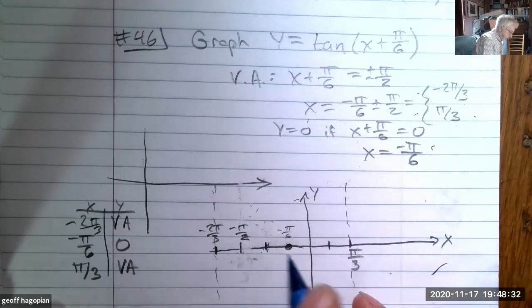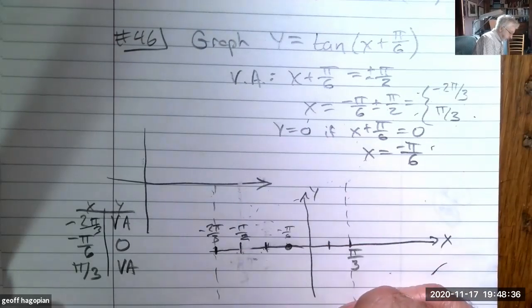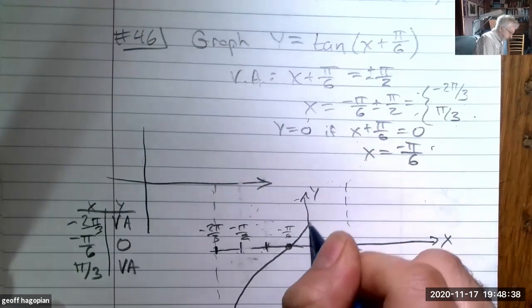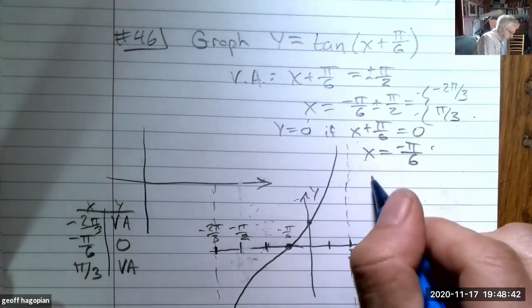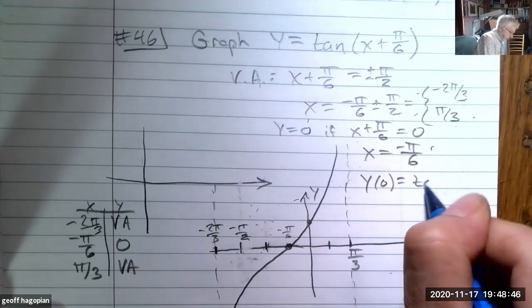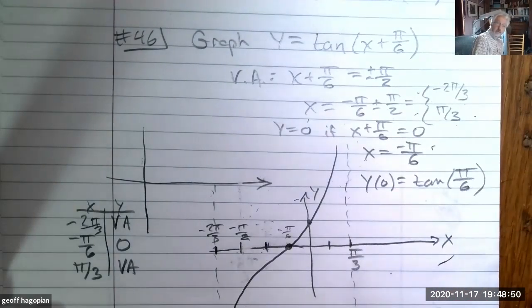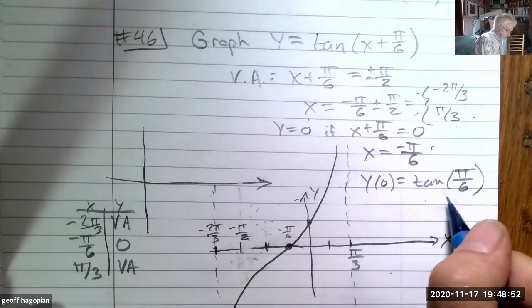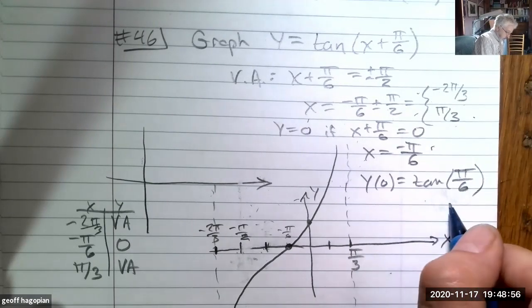Okay. And so this, I didn't draw this very well, right? But it's going to be a curve that looks like this. What's the y-intercept? Well, y of 0 is tan of pi over 6. What's tan of pi over 6? That's sine over cosine.